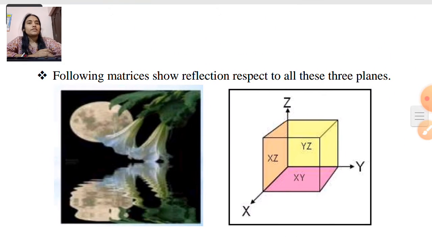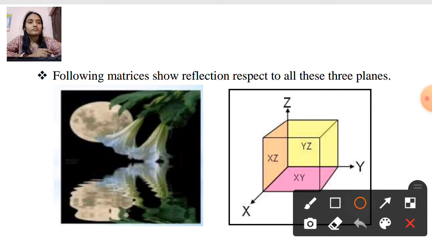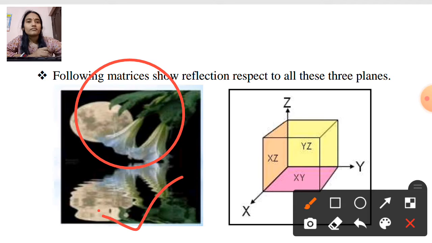So here is a picture. In this picture, this one is our image. This flower and this moon are reflected here. It looks like the image size is the same.